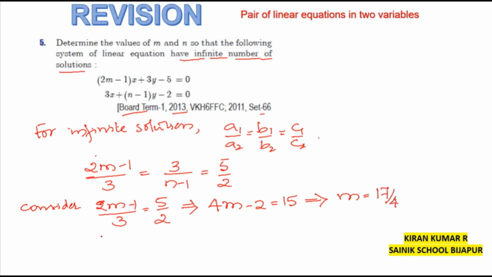If I consider 3 by n minus 1 equal to 5 by 2, upon cross multiplication, this becomes 5n minus 5 equal to 6. This implies n value is 11 upon 5. So m value and n value are found.